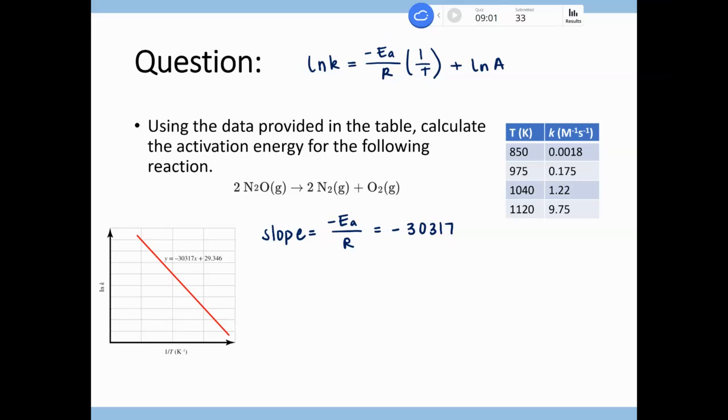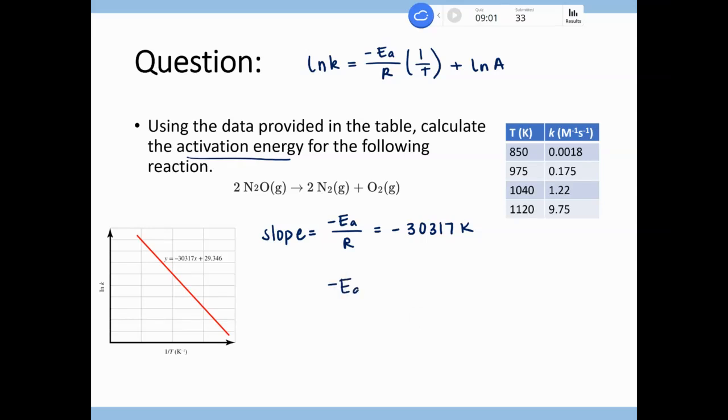And our goal is to calculate activation energy, so we can simplify and solve. Now the units for slope here, knowing that it's activation energy over R, that's joules per mole over joules per mole times Kelvin. So the slope units is just Kelvin. And we'll end up with joules per mole for the activation energy.